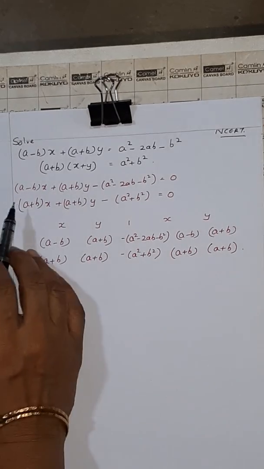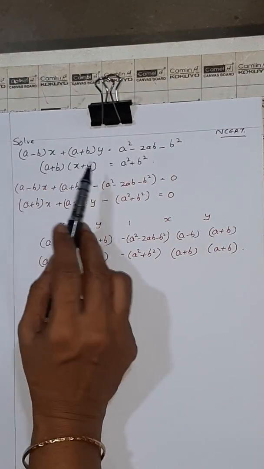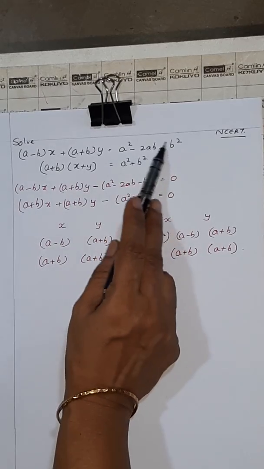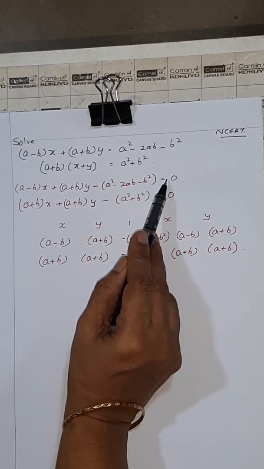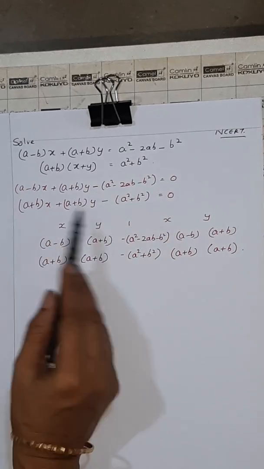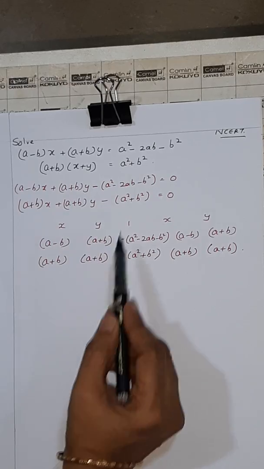This is again an NCERT problem. As I told you in the last problem, I have brought the RHS to the LHS side and written it as equal to 0. And now x, y, 1, I have written all the coefficients.